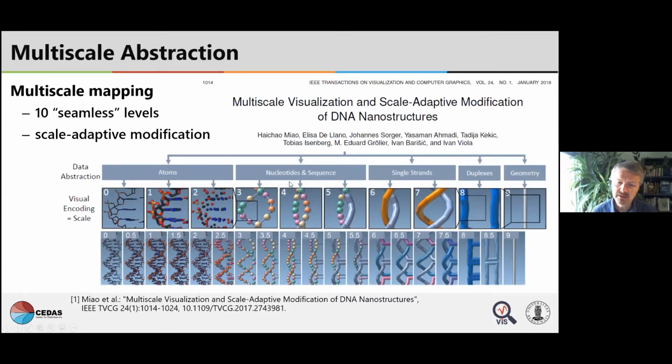And depending on which level you wanted to consider, maybe when zooming in, when zooming out, or also when interacting with the model, you could choose the different scales and smoothly interpolate between them.